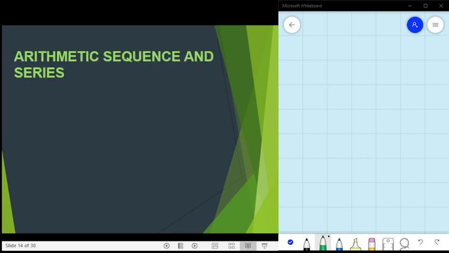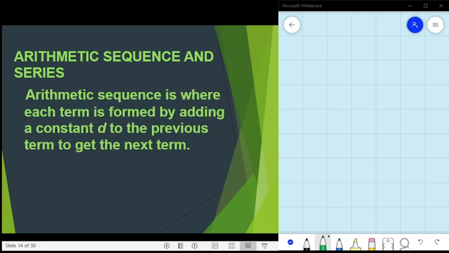For the arithmetic sequence and series, when we say arithmetic sequence, it is where each term is formed by adding a constant d to the previous term to get the next term.